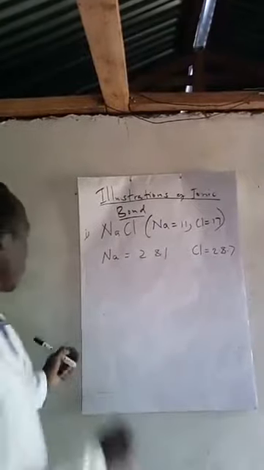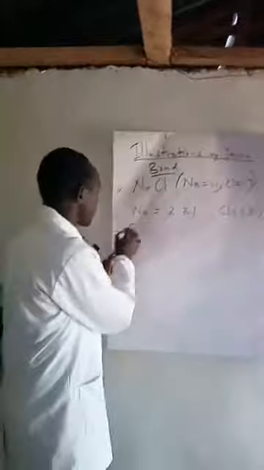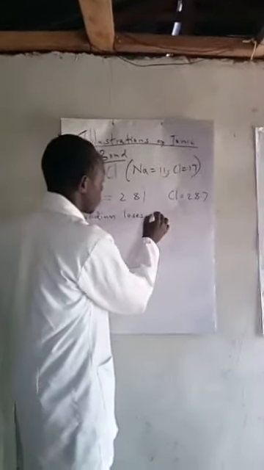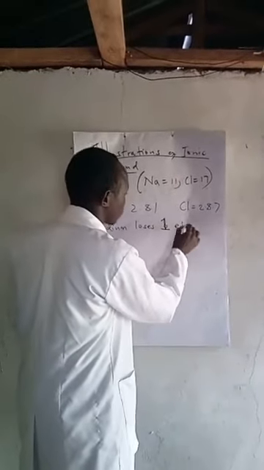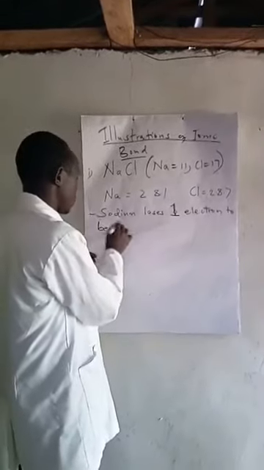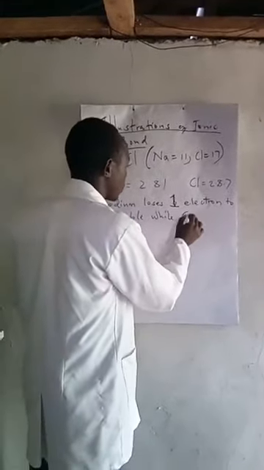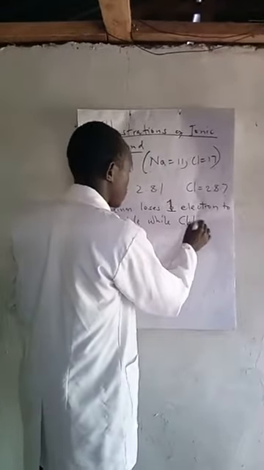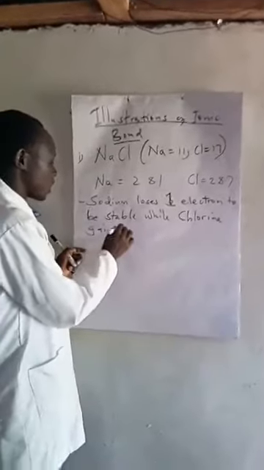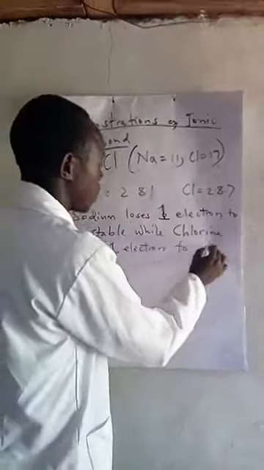Now, one thing we need to know is that sodium loses one electron to be stable, while chlorine gains one electron to be stable.